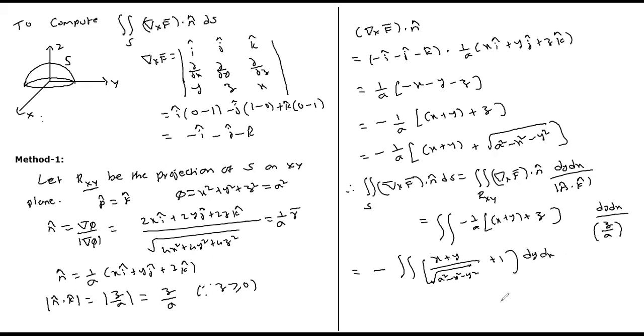And this you have to do over the entire circular region. Because what is R xy? R xy is a circular region which is the base of the upper hemisphere, and this is x square plus y square equal to a square. Now you can see the difficulty. It will take some time to integrate.